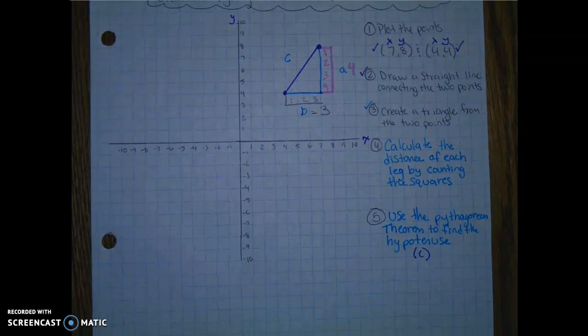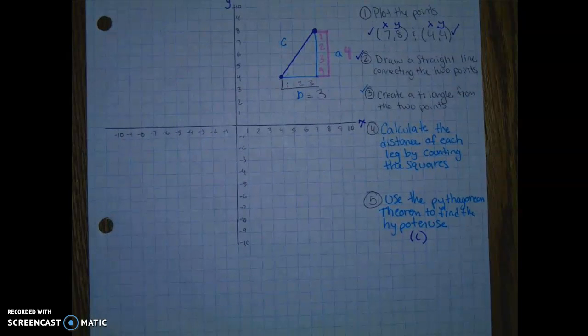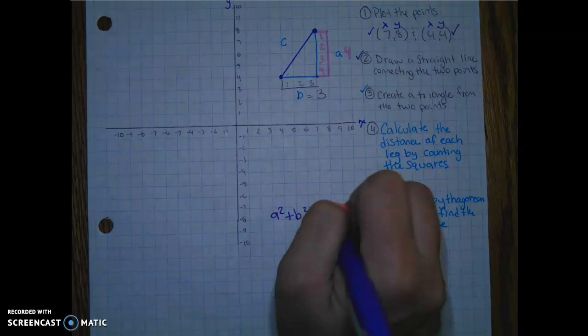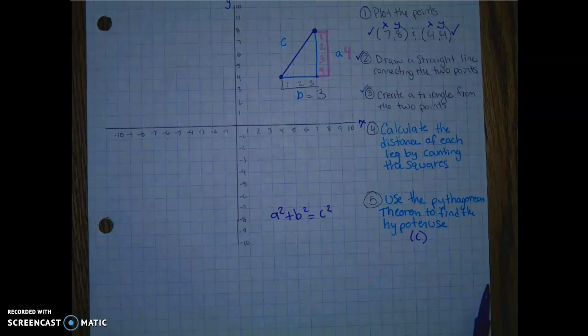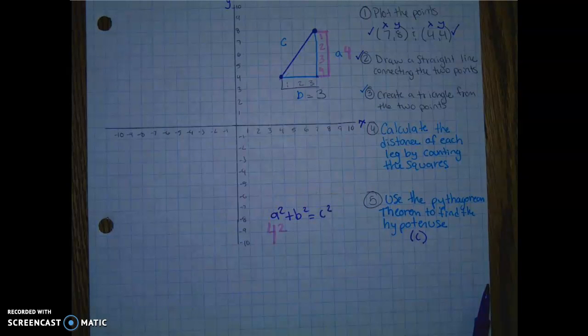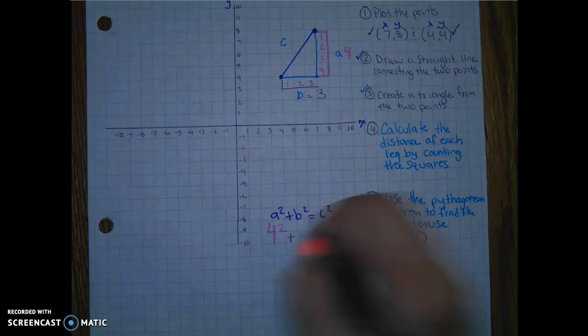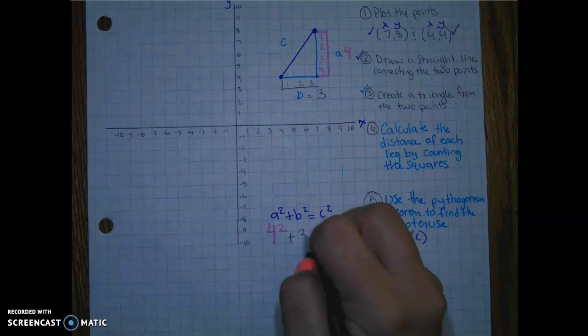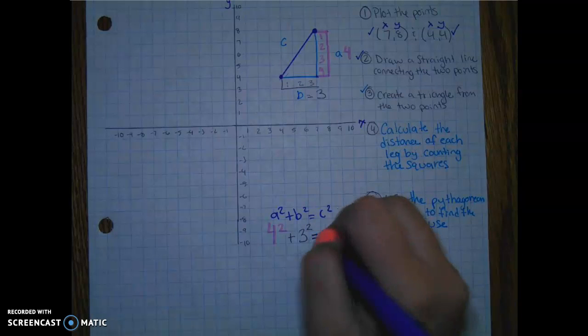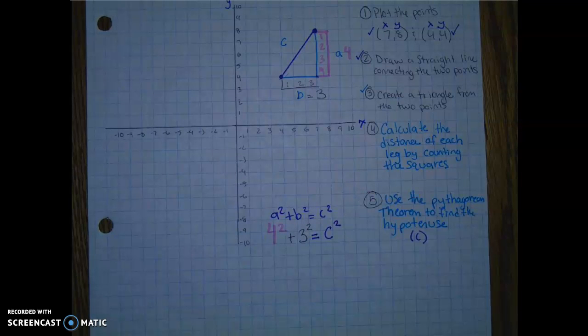If you need to pause it now so you can finish taking those notes. Okay. So I have my A squared plus B squared equals C squared. That's my formula. I already know that A is 4, so I'm going to plug in 4 here. 4 squared plus my B, which is 3, equals, and I don't know what C is, so I'm going to leave it completely alone. Don't even touch it yet.